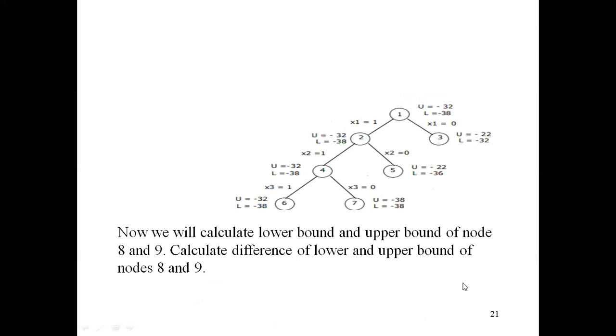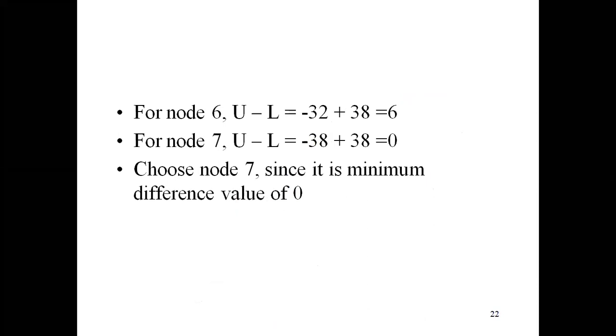Now we will calculate the lower bound and upper bound of nodes 8 and 9. Calculate the difference of lower and upper bounds of nodes 6 and 7. That is minus 32 plus 38, 6, and minus 38 plus 38, 0.